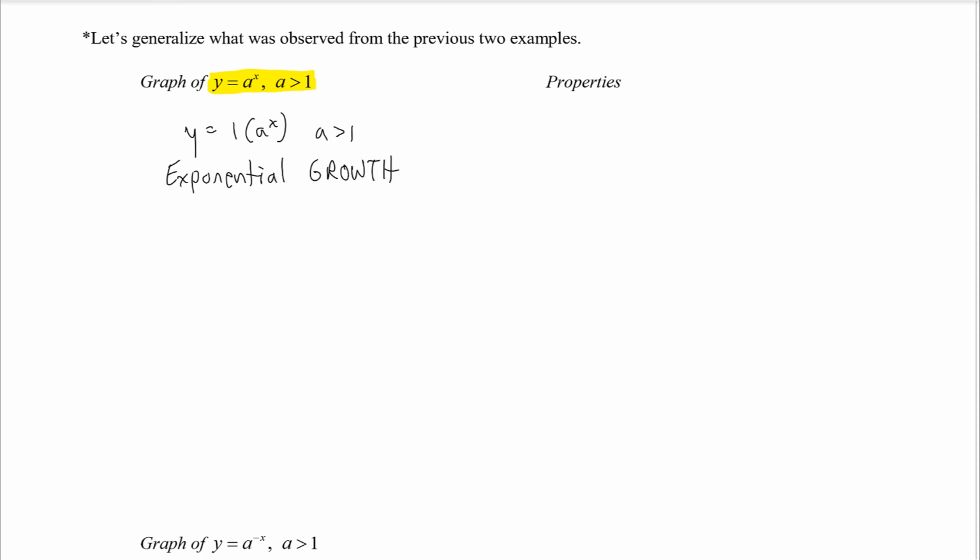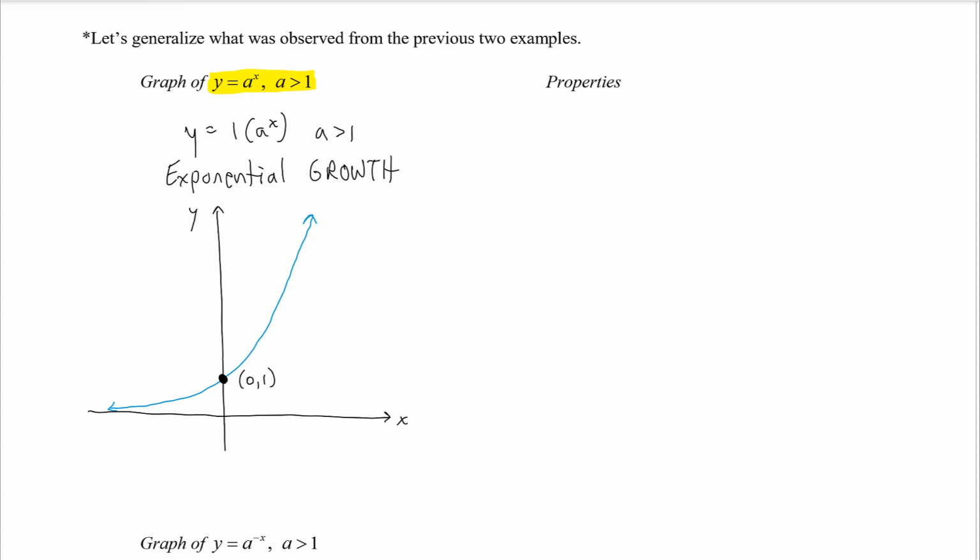So your graph is going to be an increasing function with the shape that we just saw. It's going to look like this. And the only coordinate that's guaranteed is this one right here, which is 0, 1, because any number to the 0 power is 1.